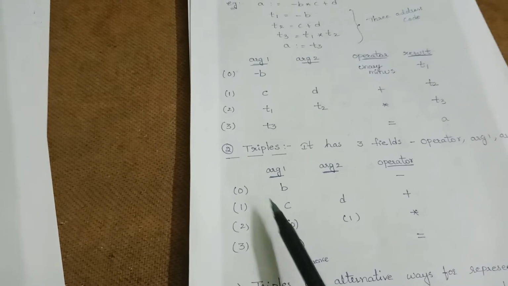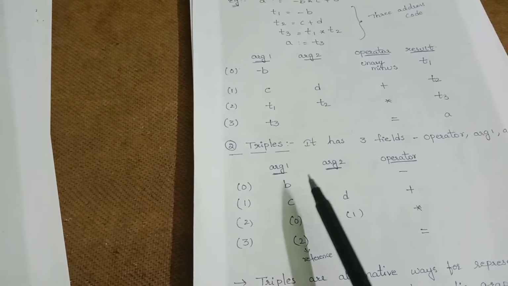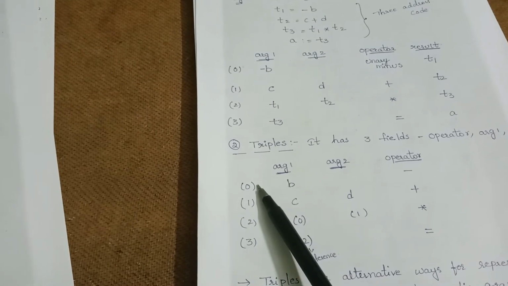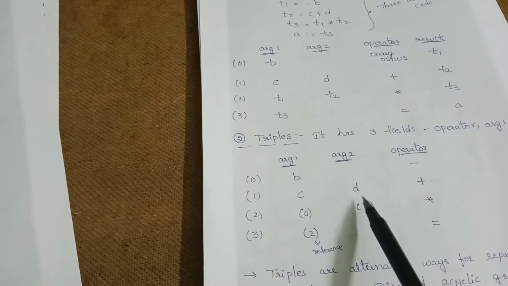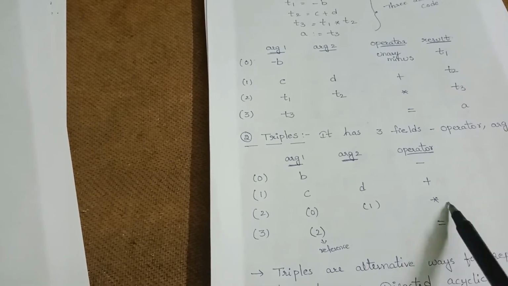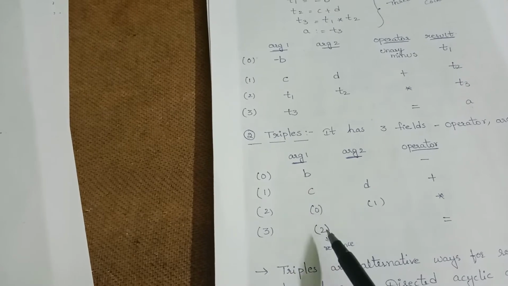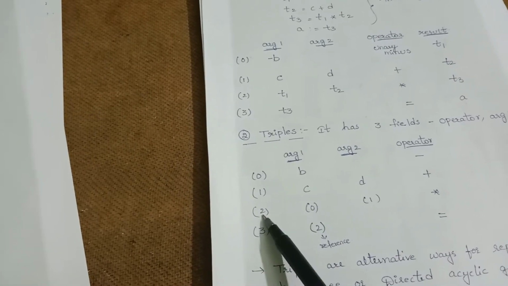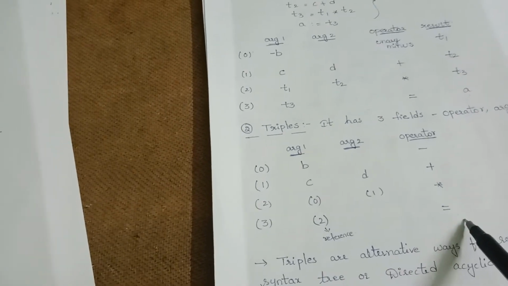So here the C plus D is considered as serial number 1 and minus B is considered as serial number 0. And now, argument 1 is 0, argument 2 is 1 and the operator is star. And now argument 1 here is 2, and the operator here is equal to.